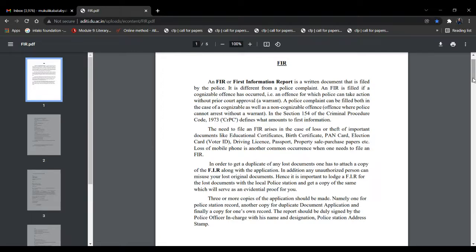Section 154 of the Criminal Procedure Code, 1973, CrPC defines what amounts to first information. The need to file an FIR arises in the case of loss or theft.